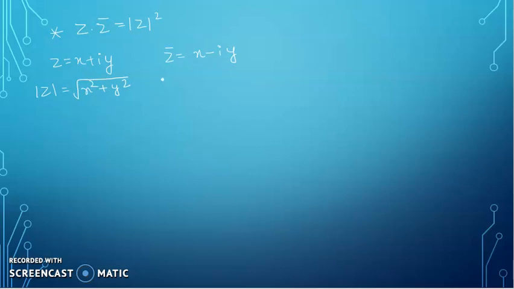Now if I tell you to take the modulus of this, I can rewrite it as x plus i times minus y. So this is equal to the square root of x square plus minus y whole square, which is again equal to the square root of x square plus y square. So you can see that the modulus of z and the modulus of conjugate of z is the same, no difference.